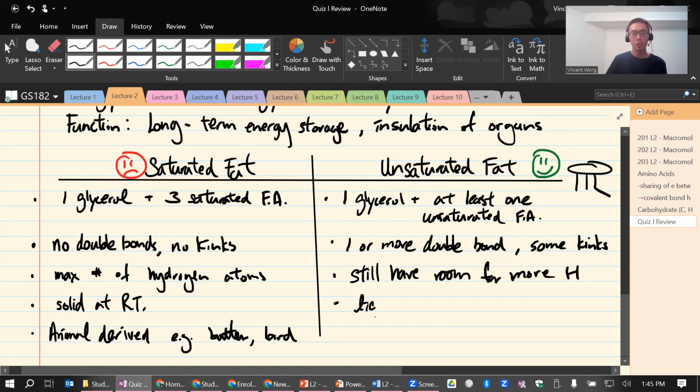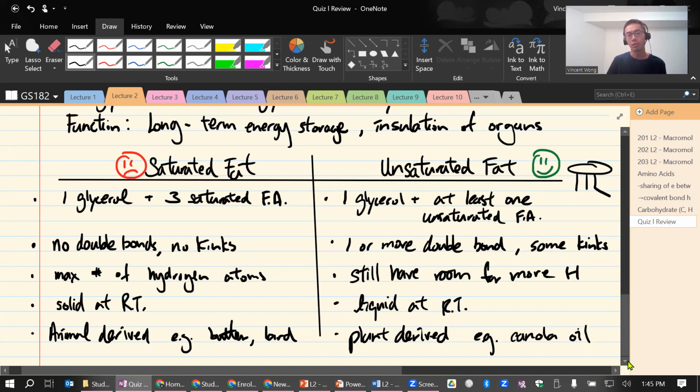And then these are liquid at room temperature and plant derived, mostly. Okay, there are exceptions, right? I told you in class. So like canola oil, olive oil, whatever oil you like to put, peanut oil.